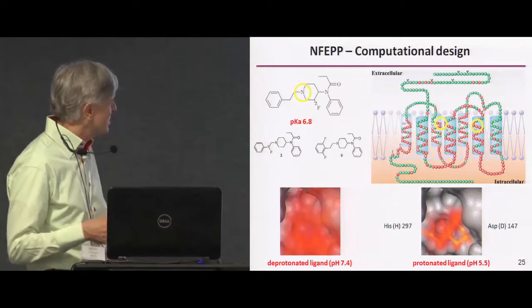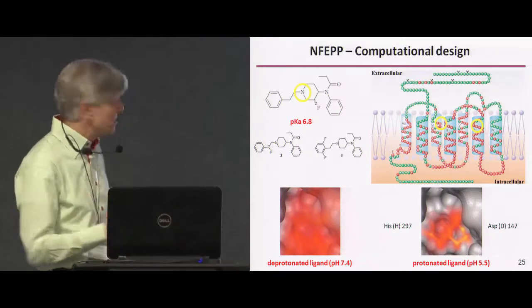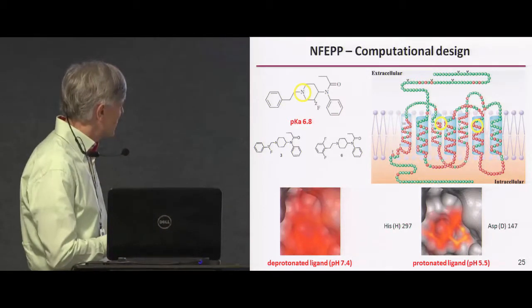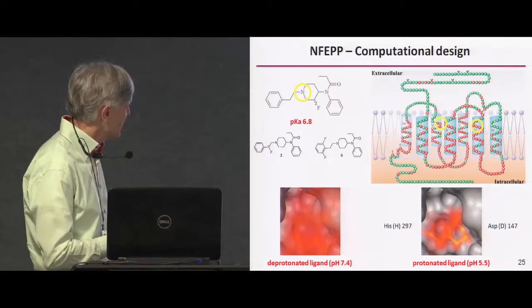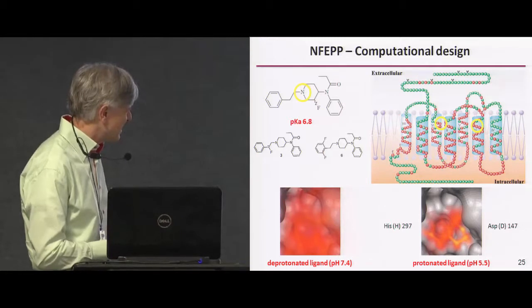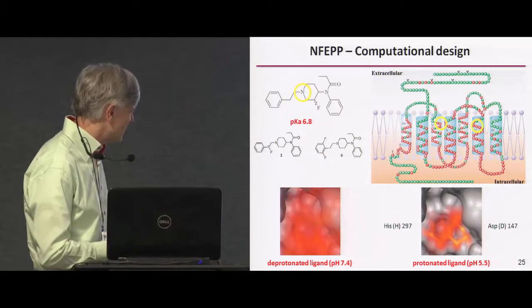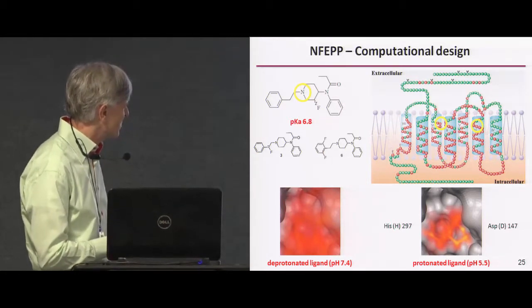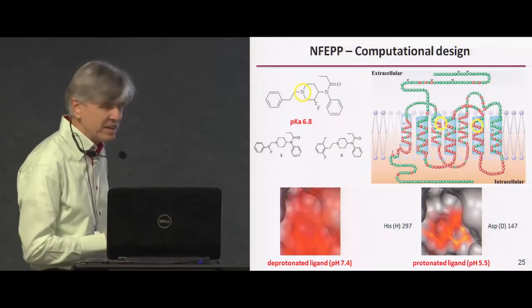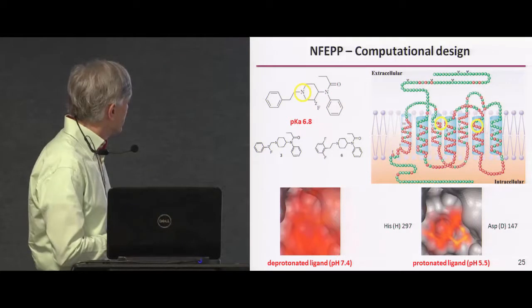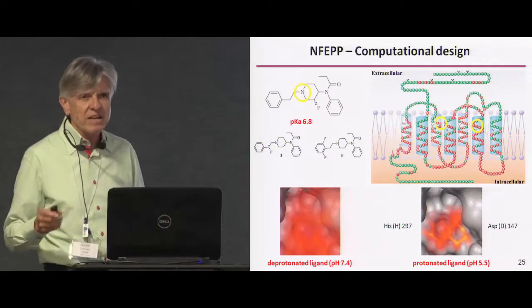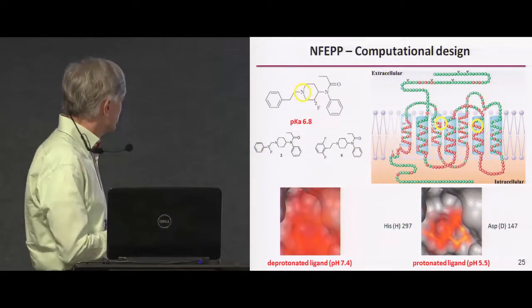And then we went on to look, in the computer model, at changing different amino acid residues on the receptor. And we found out that the aspartate 147 and the histidine 297 were very important for the binding of opioid ligands. And we went on to look at different ligands, not only morphine, but also fentanyl.